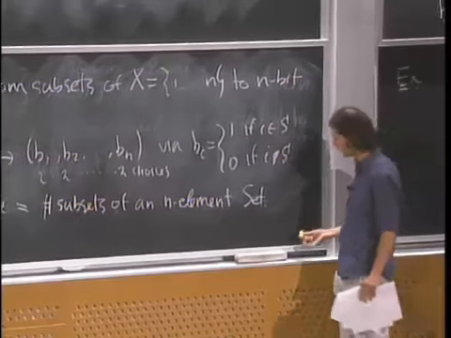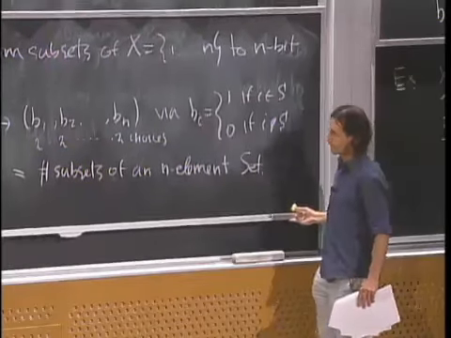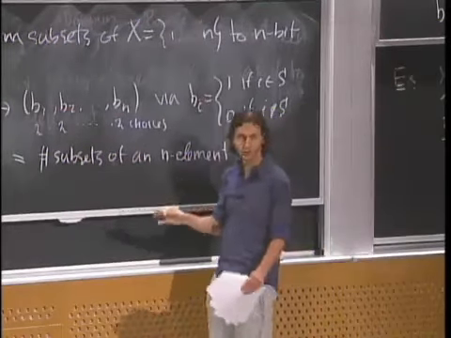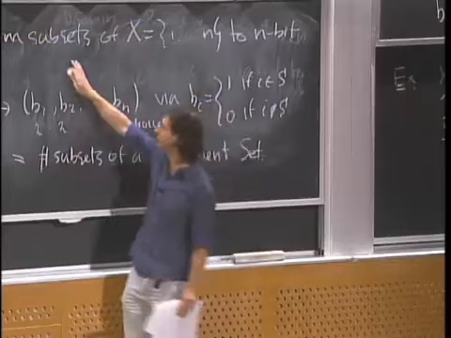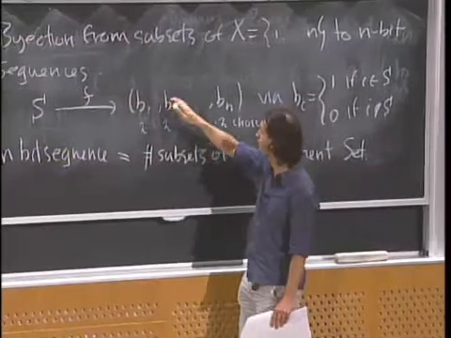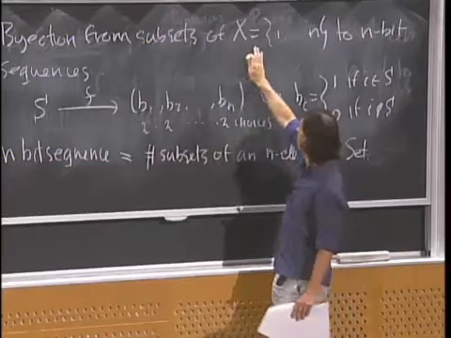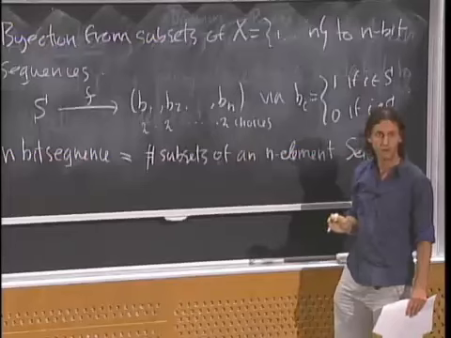So this is a very nice way to demonstrate how we can use the bijection rule to count something that appears to be much harder to grasp. At least for me it's harder to grasp. So I have a subset that can be any size in a set of n elements.